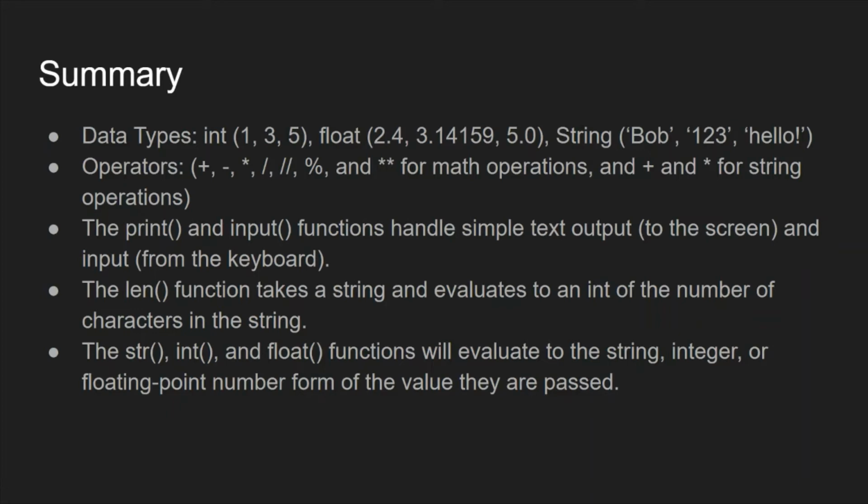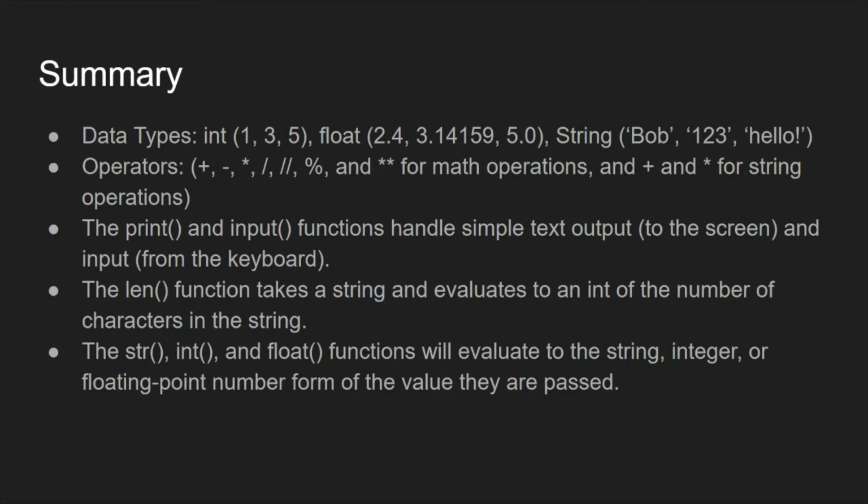We learned about operators, plus, minus, times, divide. We also learned that you can use plus and times for string operations. We learned about the print and the input functions, which handle simple text output and input, respectively. We learned that the length function can take a string and evaluates to an integer number of the characters in the string. It evaluates to the length of the string.